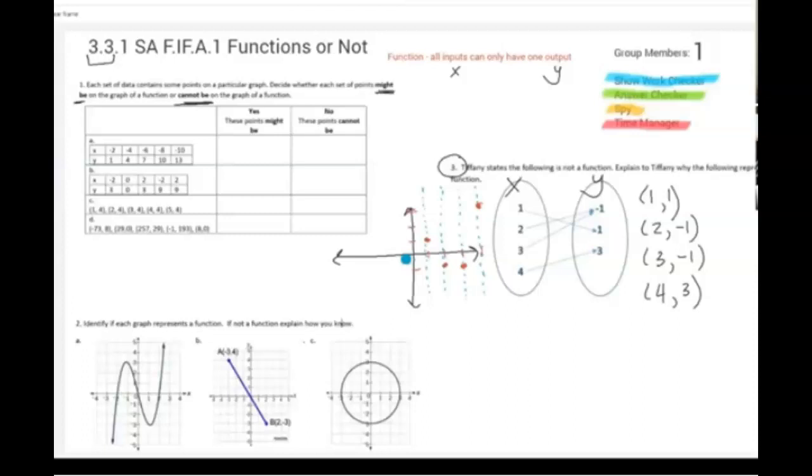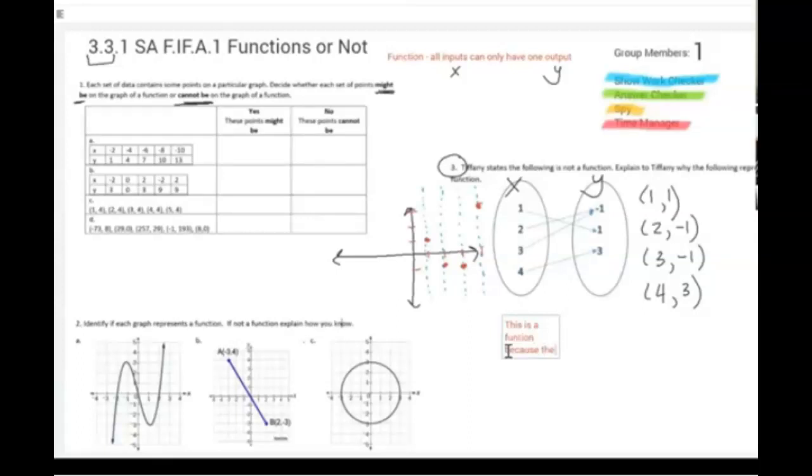All right, so what we need to explain to our moms here for our answer on 3. We need to explain to them why it passes the vertical line test. Okay, so this is a function because, go ahead. Because the vertical lines only intersect one point at a time.